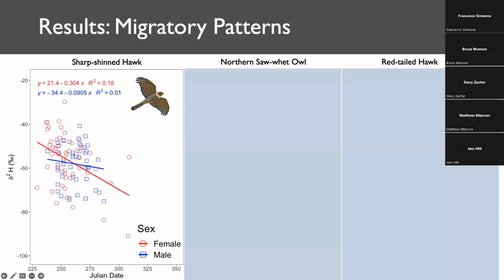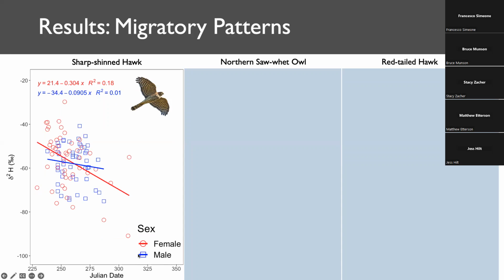So let's take a look at sharp-shinned hawks first. We've separated these out by sex. In the red circle, we have females. In the blue square, we have males.